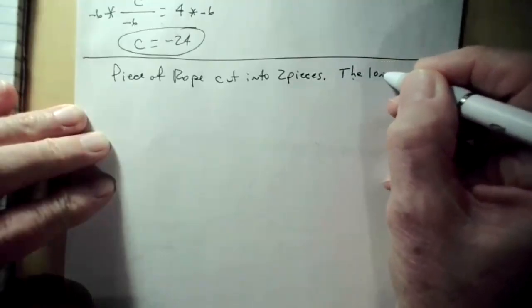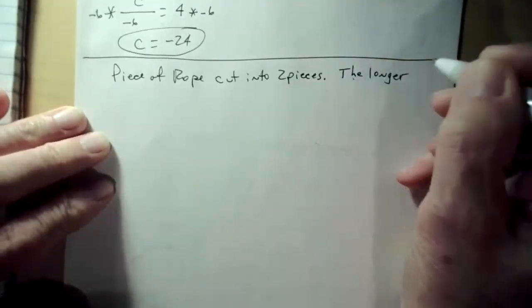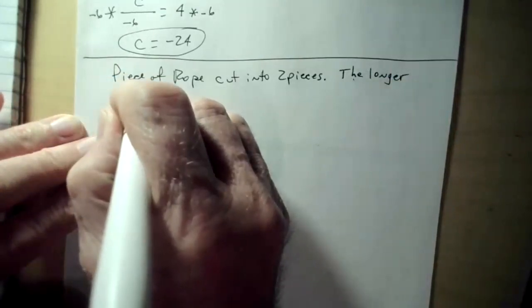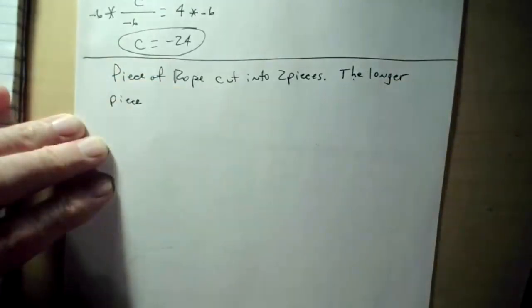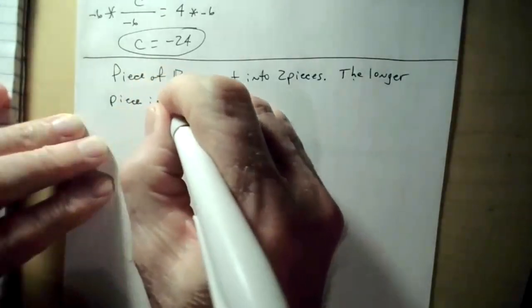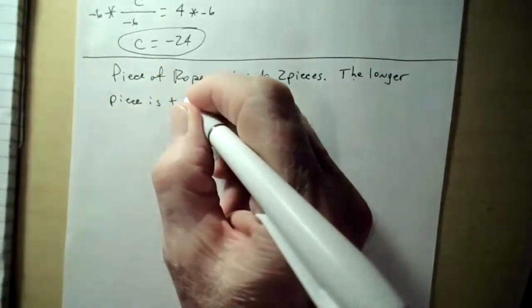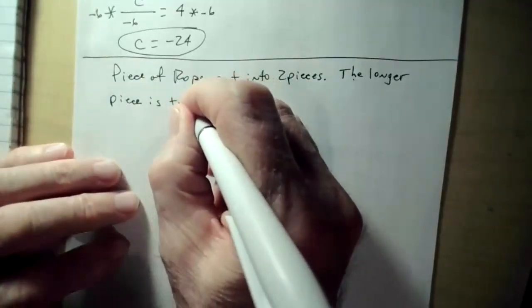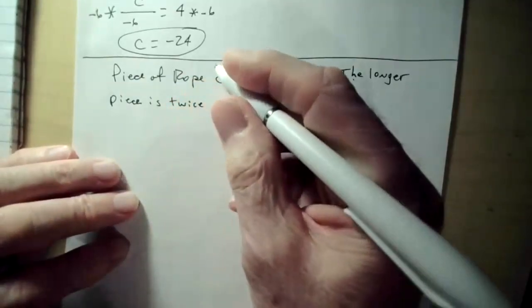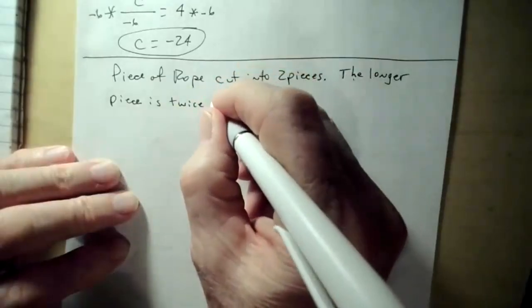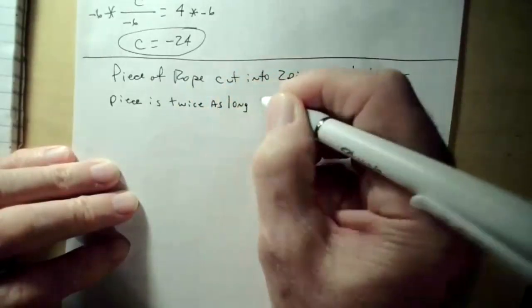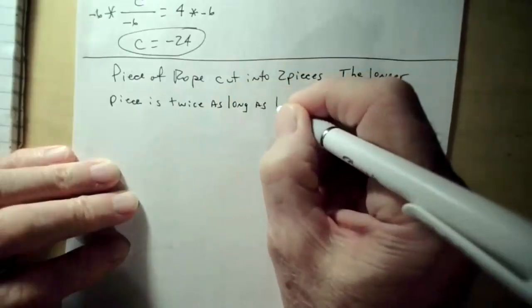The longer piece is twice as long as the first piece.